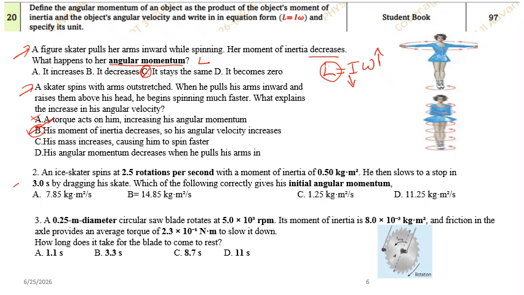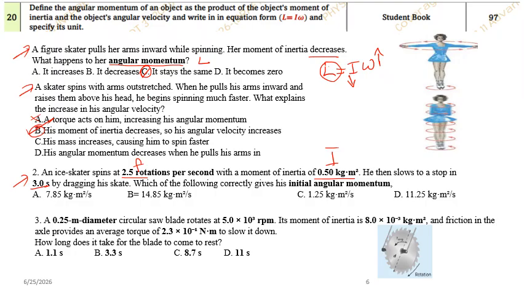Now, next one. An ice skater spins 2.5 rotations per second. What is this? This is f, frequency. With a moment of inertia of 0.5. So I is given and frequency is given. She then slows to a stop in 3 seconds by dragging her skate. Which of the following correctly gives the initial angular momentum?